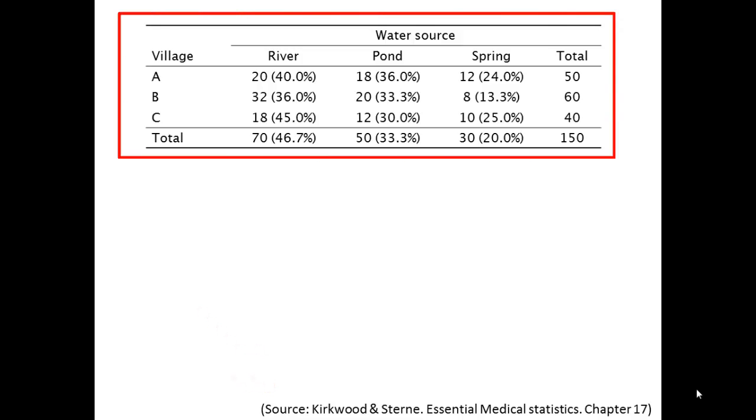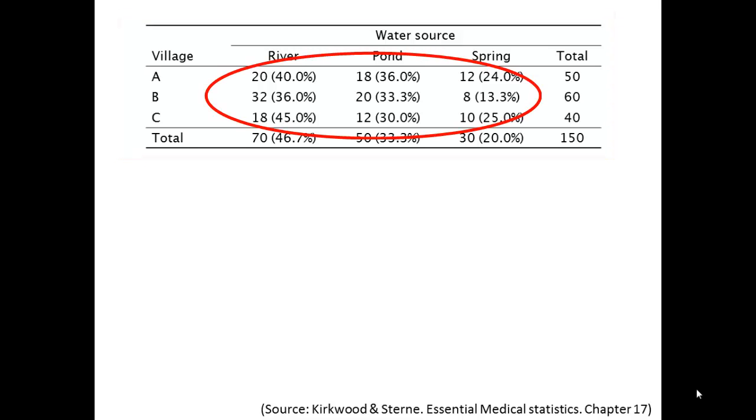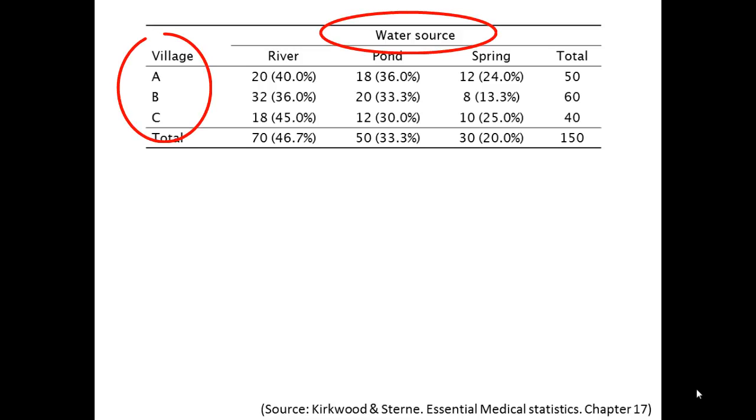This table shows the results from a survey to compare the principal water sources in 3 villages in West Africa. The frequencies represent the number of households in each village using either a pond, a river or a spring. Now we want to know if there is an association between water source and which village a household is from.